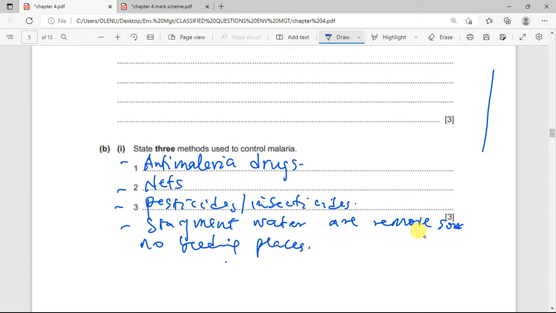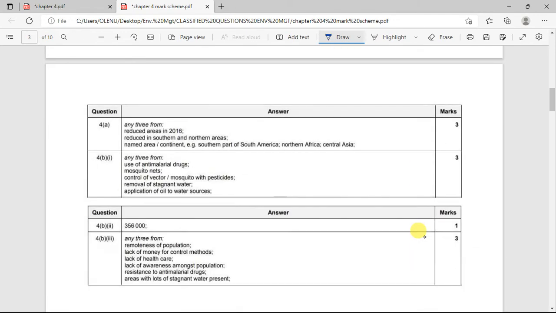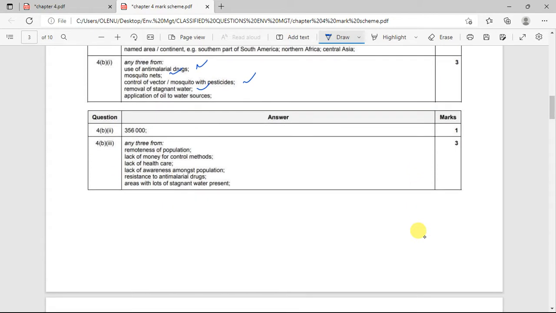All this can help to control the spread of malaria in an area. So let me see. Reduce in 2016, reduce in southern and northern areas, name area, continent. Anti-malaria drugs, mosquito nets, control the vector, mosquito, with pesticide, remove stagnant water, application of oil on water.